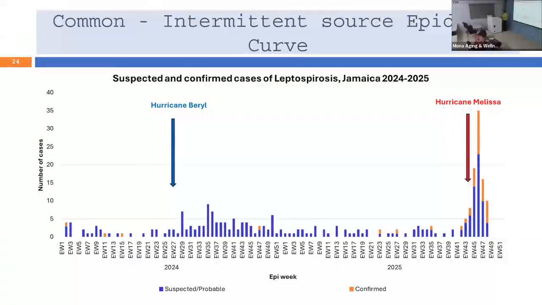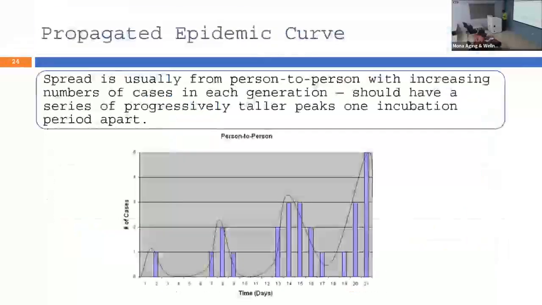So you would usually have some cases, even though you don't have the heavy rainfall. And then we are in a leptospirosis outbreak post-Hurricane Melissa with people reporting exposure to contaminated water sources.